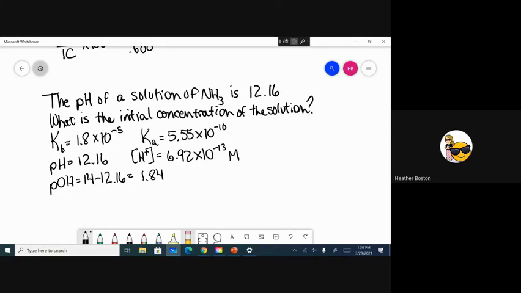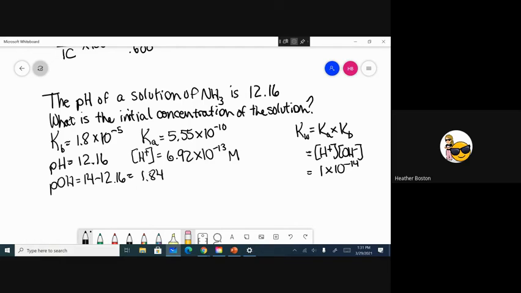Here we go. So Kw is equal to Ka times Kb. That's also equal to the concentration of H plus times the concentration of OH minus, also equal to 1 times 10 to the minus 14.